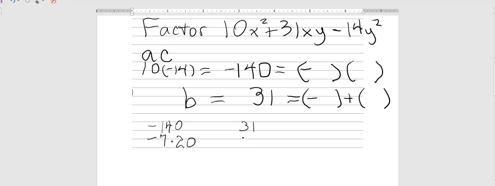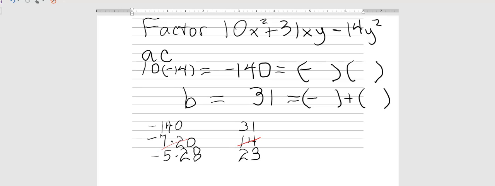So clearly 7 will go into 140. The smaller integer needs to be negative, but negative 7 times 20 gives negative 140, but adds to 14. So those aren't my numbers. I notice that 5 goes into 20, so I'm going to see how many times 5 goes into 140. It goes in 28.